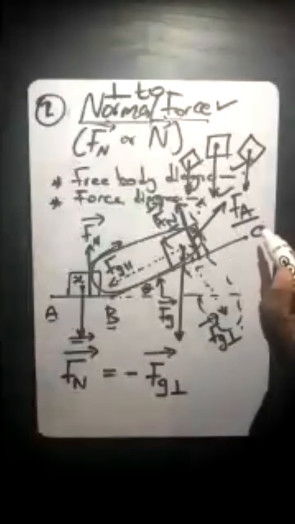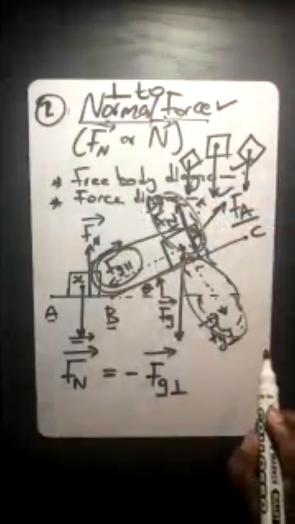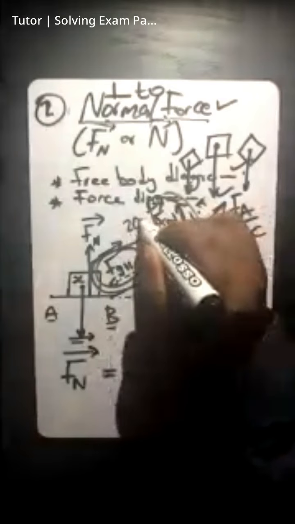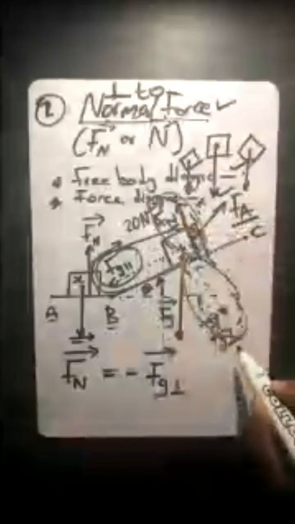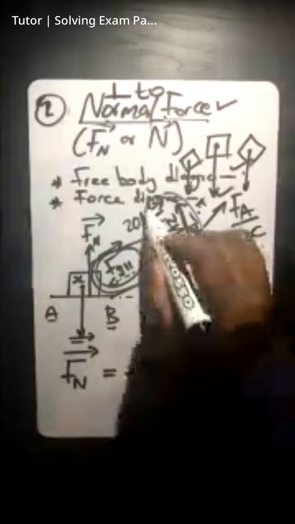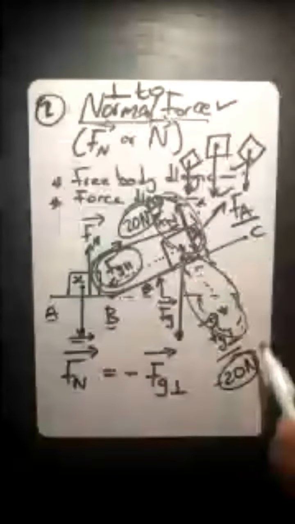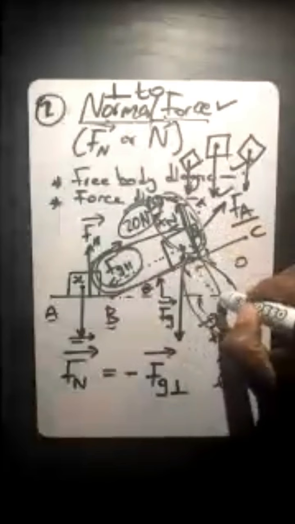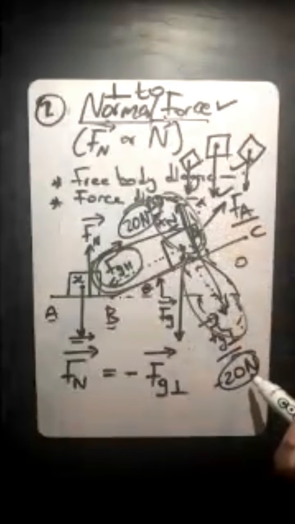So when you formulate, you don't include these two. Why not? Because if the normal force is 20 Newton, we know that this one is going to be negative 20 Newton. So 20 minus 20 is 0. That is why we say the normal force cancels out with that component.